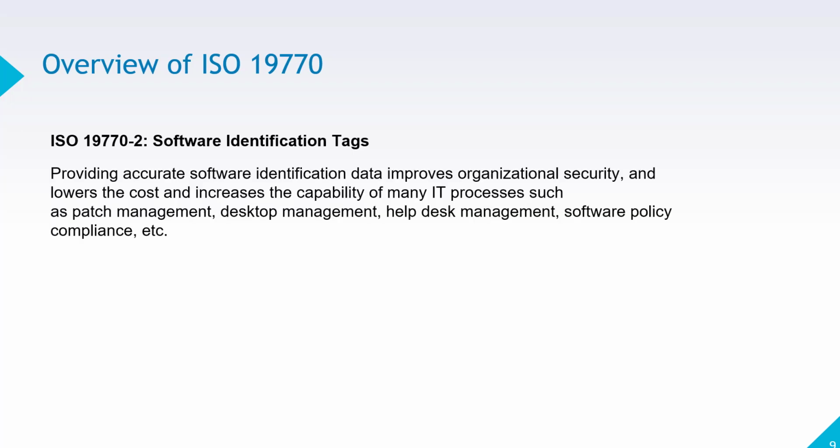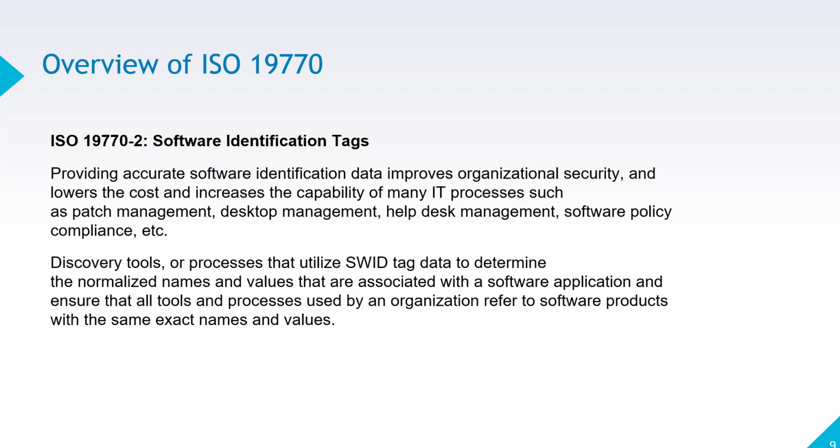Providing accurate software identification data improves organizational security and lowers the cost and increases the capability of many IT processes, such as patch management, desktop management, help desk management, software policy compliance, etc. Discovery tools or processes that utilize tag data determine the normalized names and values that are associated with a software application and ensure that all tools and processes used by an organization refer to software products with the same exact names and values.